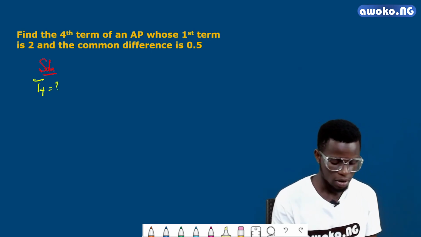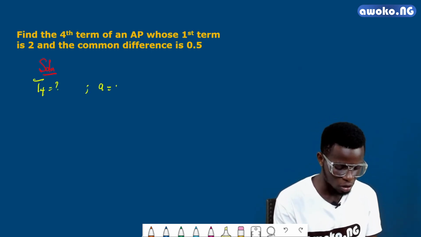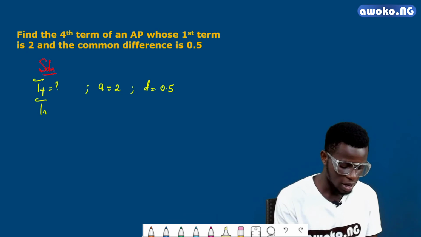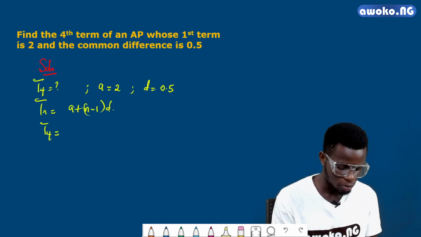T4 is not known, but we're given the first term A to be equal to 2 and D to be equal to 0.5. If Tn is equal to A plus (n minus 1)D, therefore T4 will be equal to A plus (4 minus 1)D, which is equal to A plus 3D.